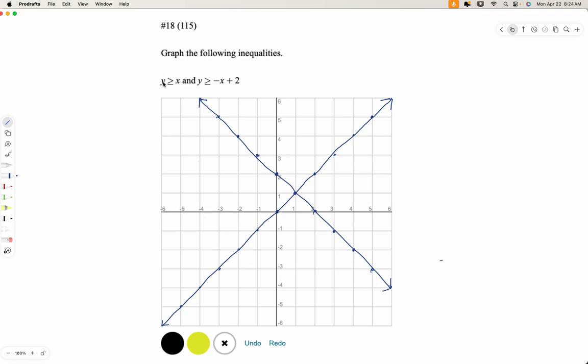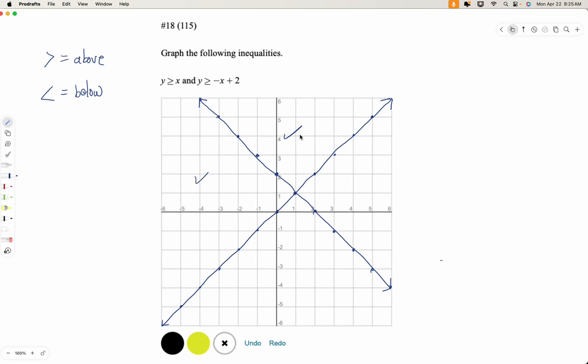So if y is greater than, that means above, right? Greater than means above, and less than means below. So we need the areas that would be greater than or above this line. So that would be this area and this area, right?